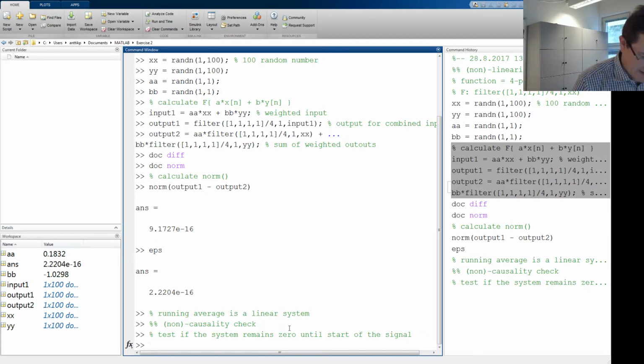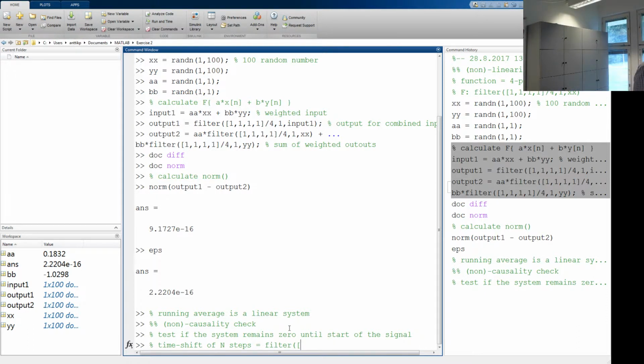And basically time shift of n steps, same as filter. We start with the filter.